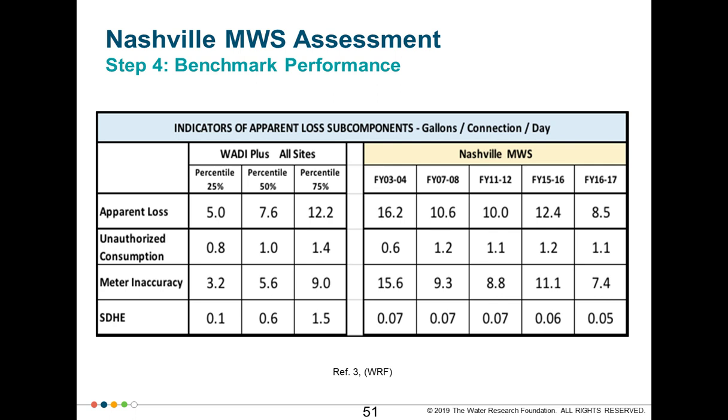Now, if you look at Nashville just on apparent loss, you can see that they've gone down and down and down, getting closer to the median there of 7.6. In fact, since we put this table together, the latest Nashville audit shows them at 7.1 overall apparent loss. So they've made major progress over the years and benchmark pretty well.